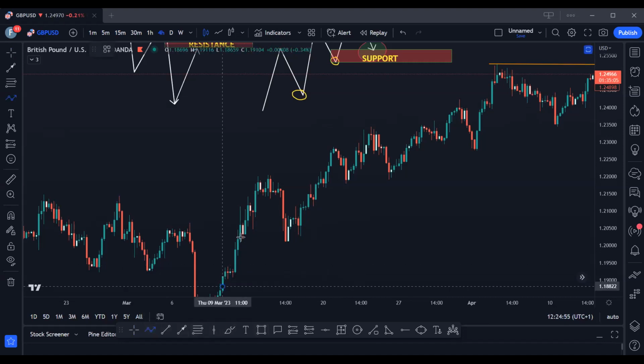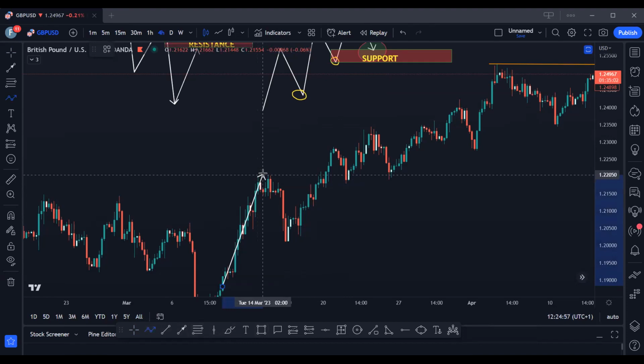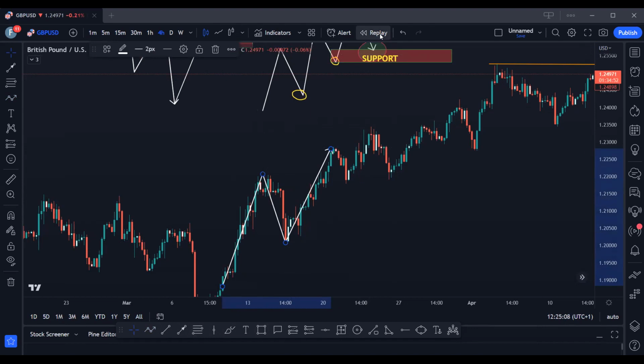You can see price is bullish, right? You have impulse, correction. You have impulse. In this kind of scenario, let's assume that price was here.